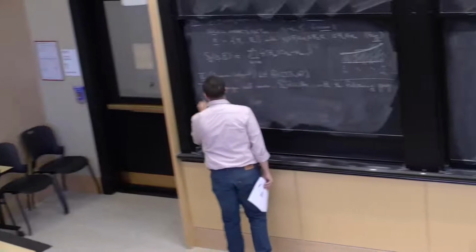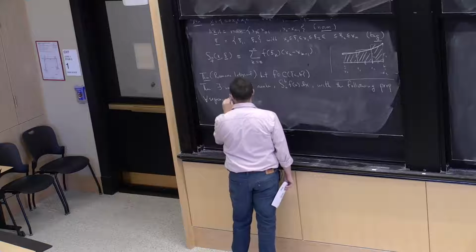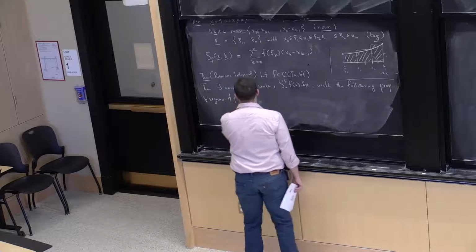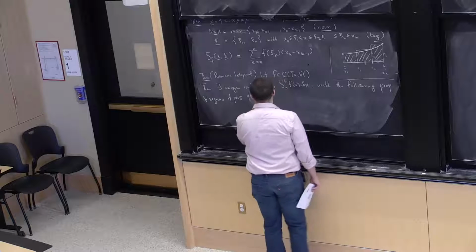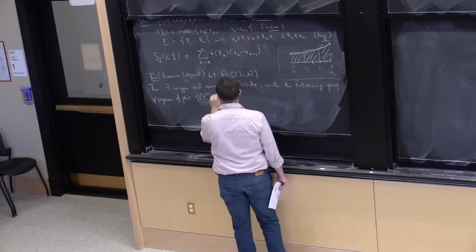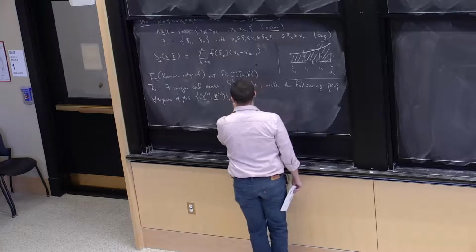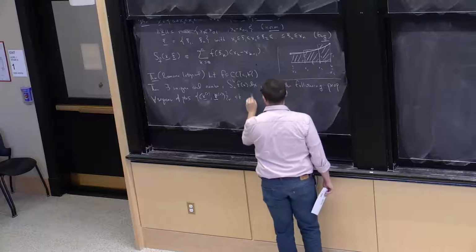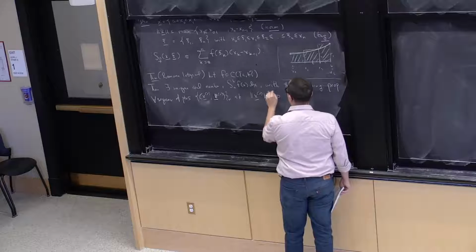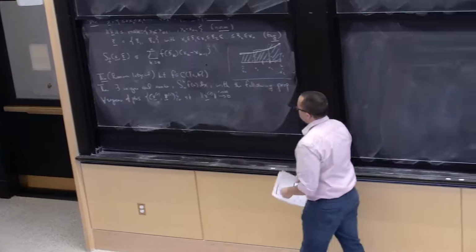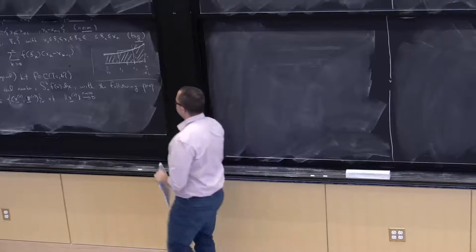For every sequence of partitions (x_r, c_r) such that the norm of these partitions is going to 0 as r goes to infinity. So these partitions are getting finer and finer if the norm is going to 0.